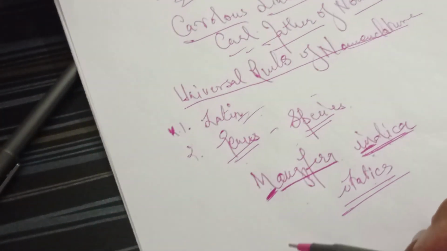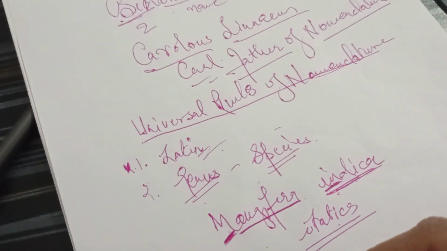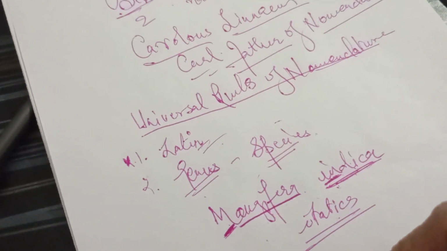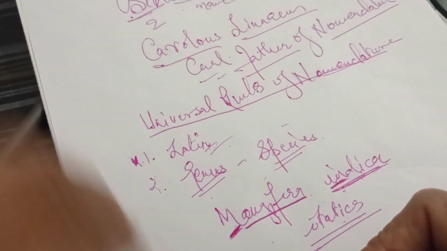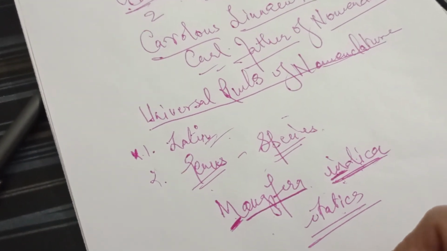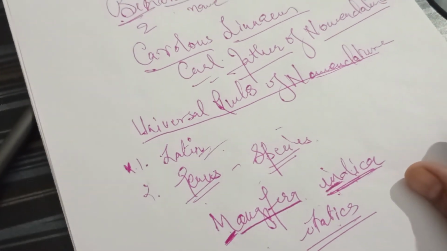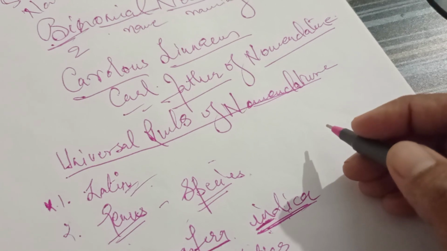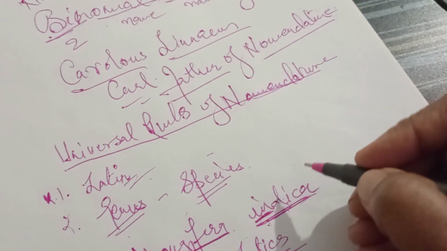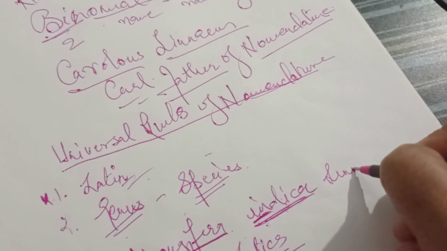it, who named this organism, whatever organism it is. If the name of the author is known, that is also included in this name. How? For example, Mango is written as Mangifera indica Lin.